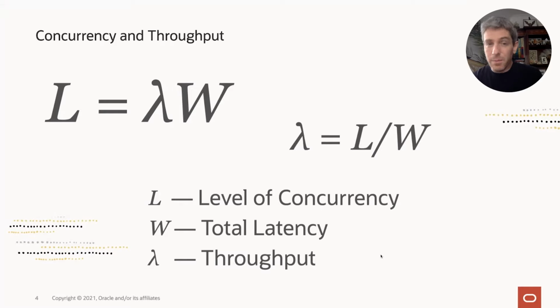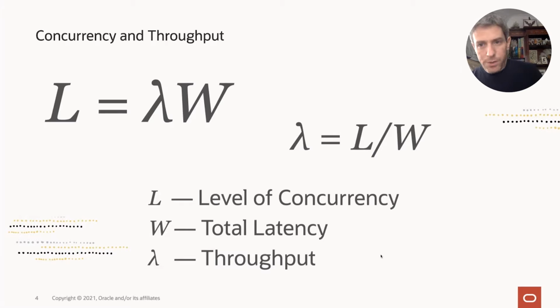We've reduced the latency by a factor of 2, but because we want to do those operations concurrently, we've also multiplied our level of concurrency by 2, and the two cancel each other out. So W is the overall latency of serving a request as if it were done sequentially. So in this case, it will still be considered 10 milliseconds rather than 5.